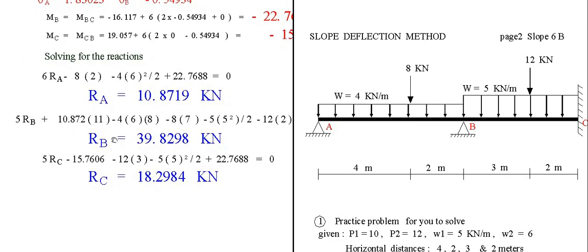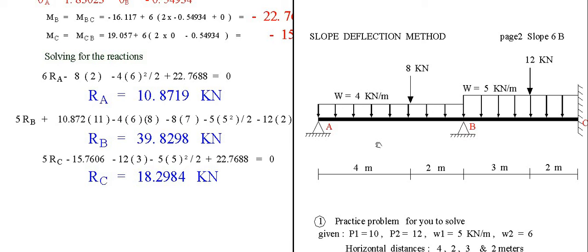RB times 5 plus the reaction RA, now given as 10.8719, times 11. This is 11: 5 and 6, 11.